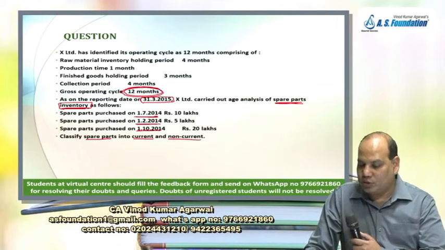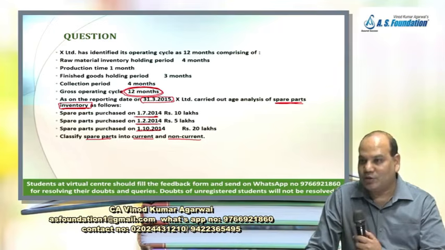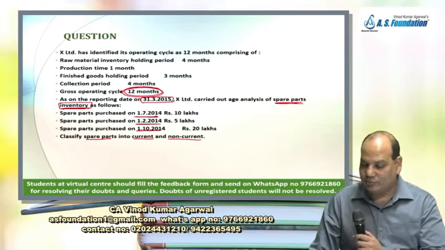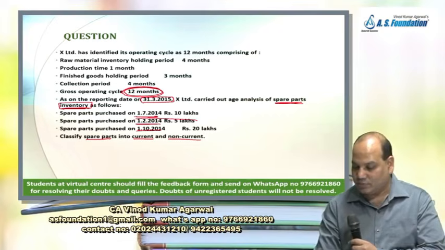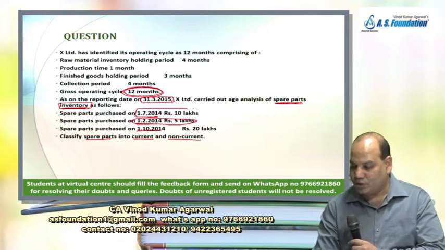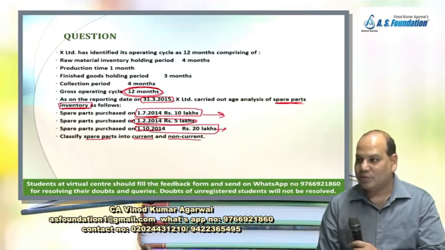If it is going to be consumed within 12 months of operating cycle, it is current. Or if it is going to be realized within 12 months from the end of the reporting period, then also it is current. Now the problem will arise in the second one. The first and the third you can easily say are current because it is still less than 12 months.